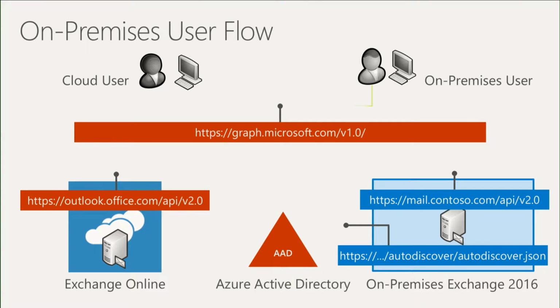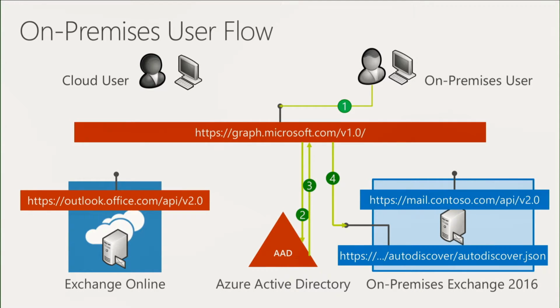In the on-premises case, once again, the request goes to Graph. There's a check from Graph to AAD, and AAD says, no, this user is not here. Then that's where Graph actually does the auto discovery. There's no way to avoid the auto discovery step to figure out where the endpoint for on-premises is. The big difference from before is that now Graph is doing it, and so it's Graph which has to maintain that cache.